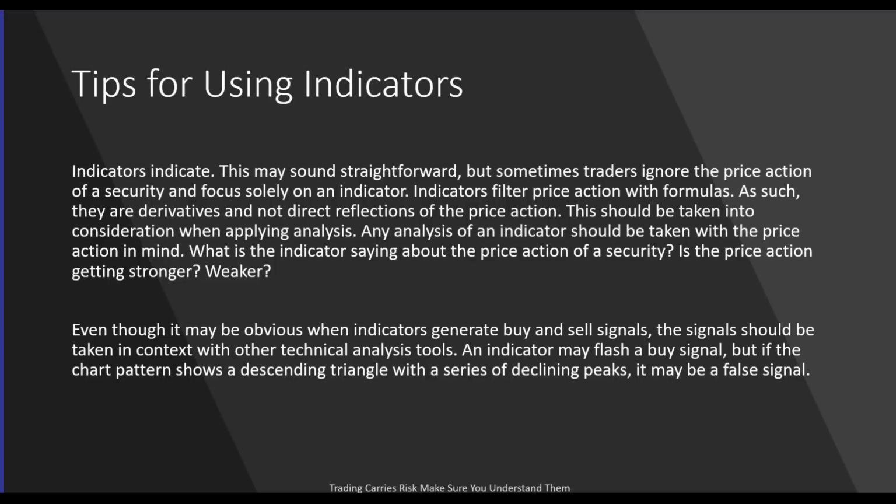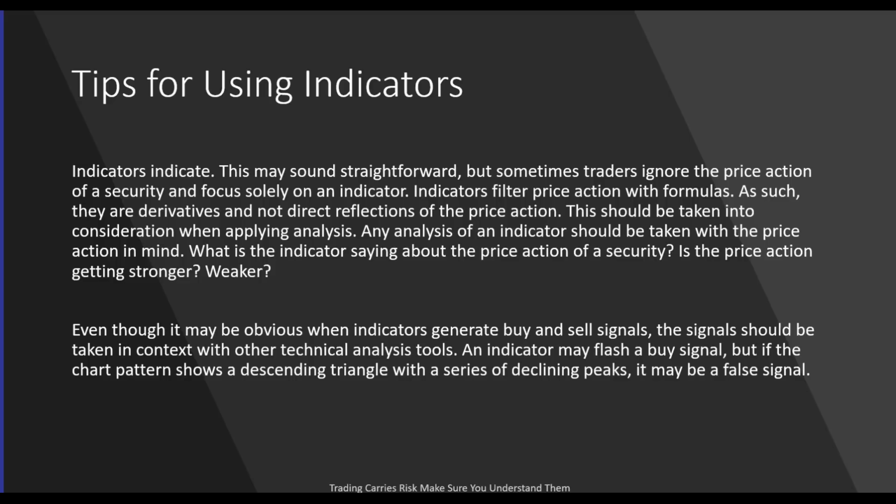This may sound straightforward, but sometimes traders ignore the price action of a security and fully focus on the indicator. Technical indicators are meant to be a secondary set of tools. Indicators filter price action with formulas. As such, they are derivatives and not direct reflections of price action. This should be taken in consideration when applying analysis.